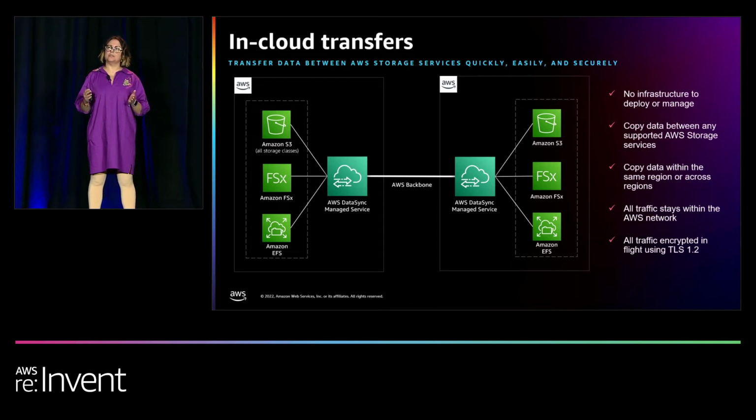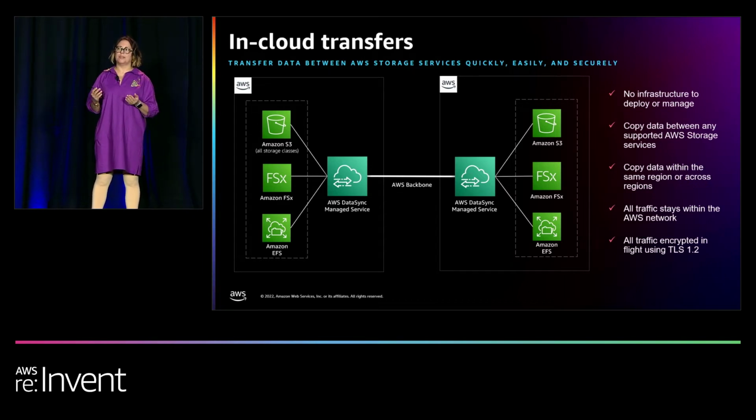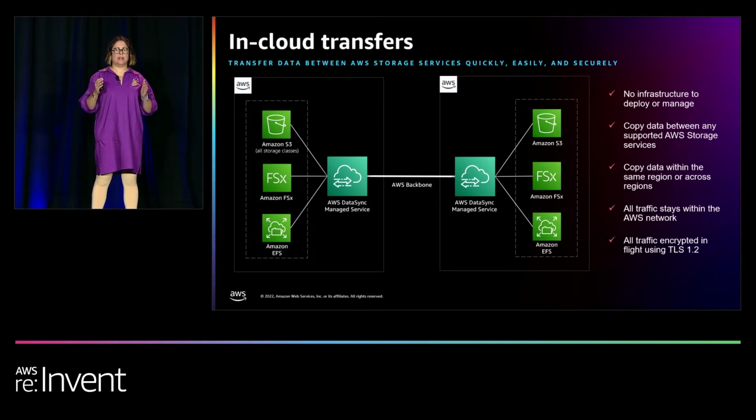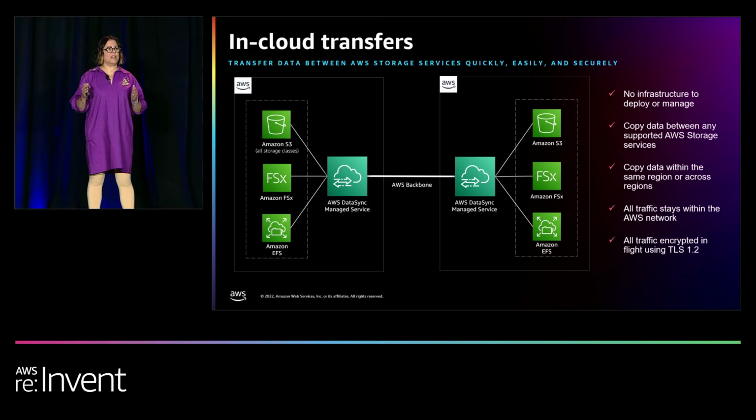So you don't need to deploy this extra infrastructure, and the DataSync fully managed service will take care of moving the data between those services. And the cool thing is that you will leverage the AWS backbone. So you are sure that your data won't leave the AWS network, and you will take advantage of the high availability and security of the AWS network.